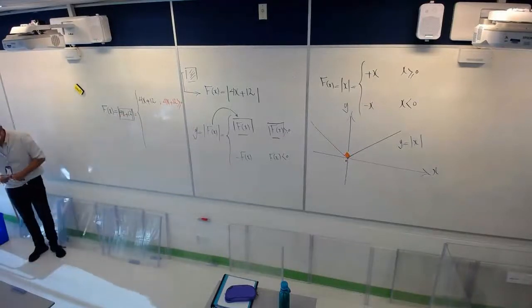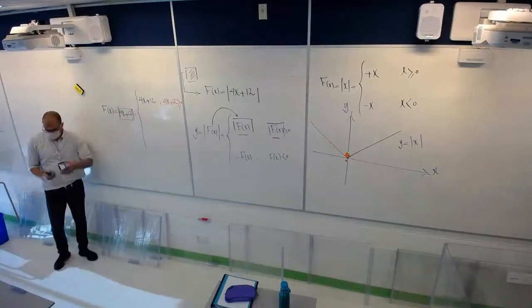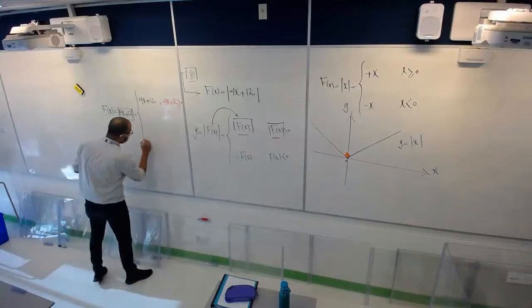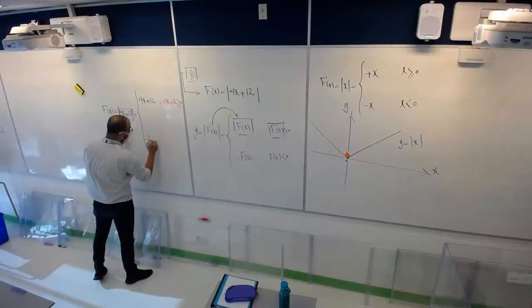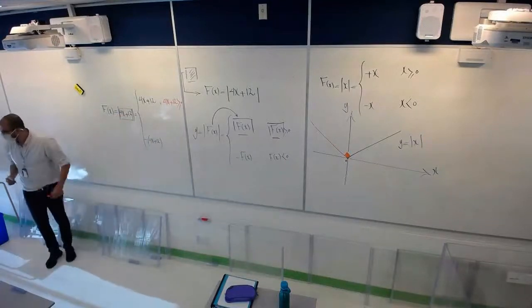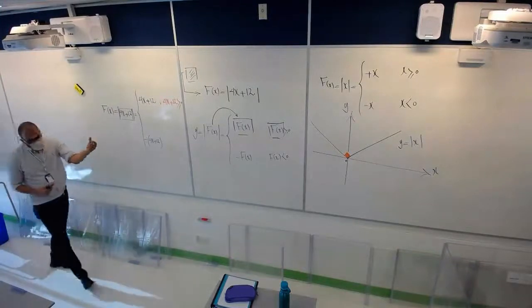On the other hand, you know that you can take this out, but you have to put the minus sign out there. You say minus 4x plus 12. And now, I know the condition for it.